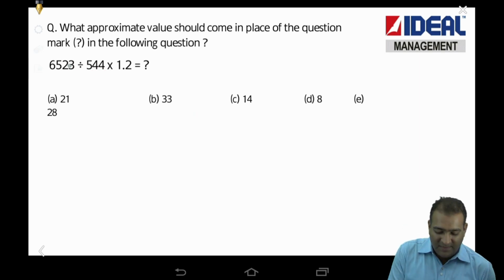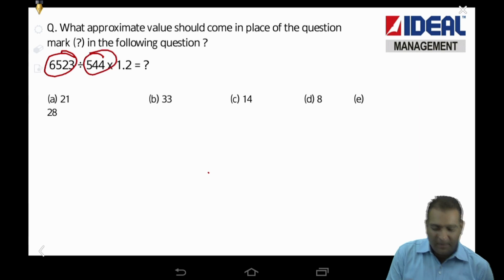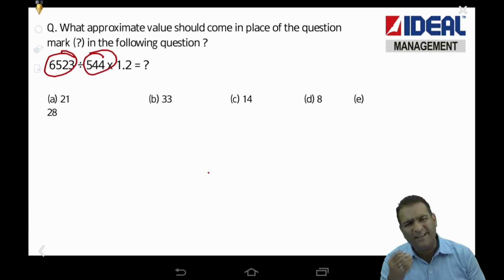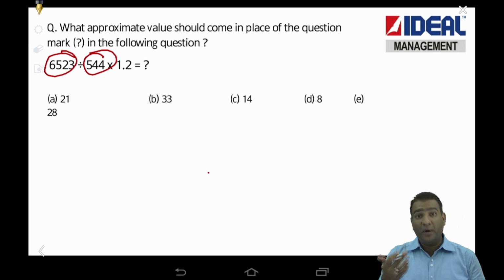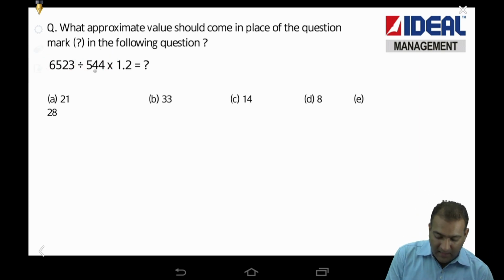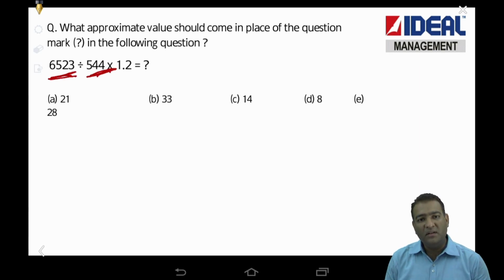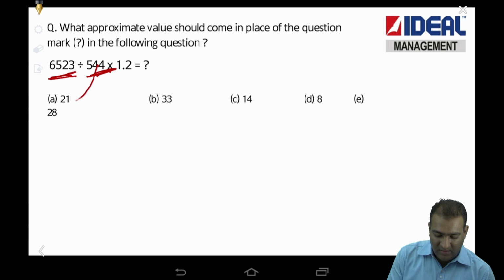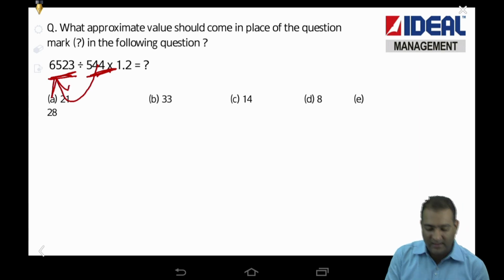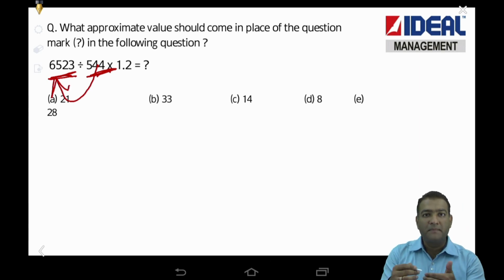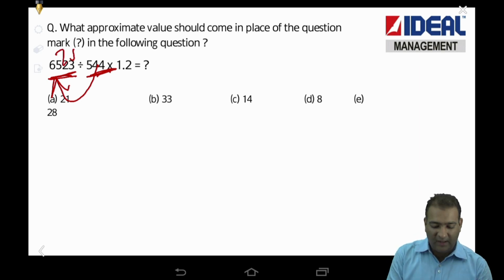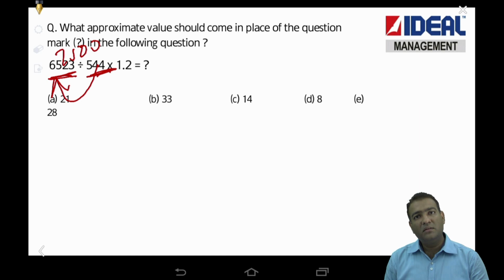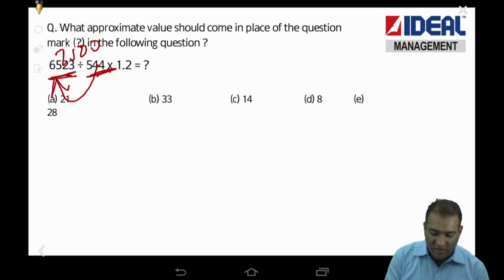Now, which means when you divide this by this number, your answer is going to be a little above 1, like 1.2, 1.3. 1.5 would mean, if you divide this by this and your answer is 1.5, it means basically 15 here, so it should be 50% more. This would have been something like 7500 or around 8000, which is not the case.